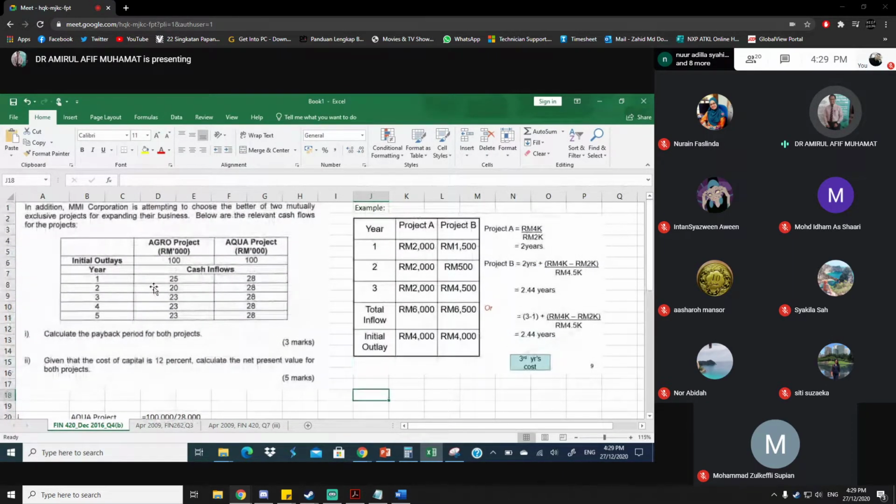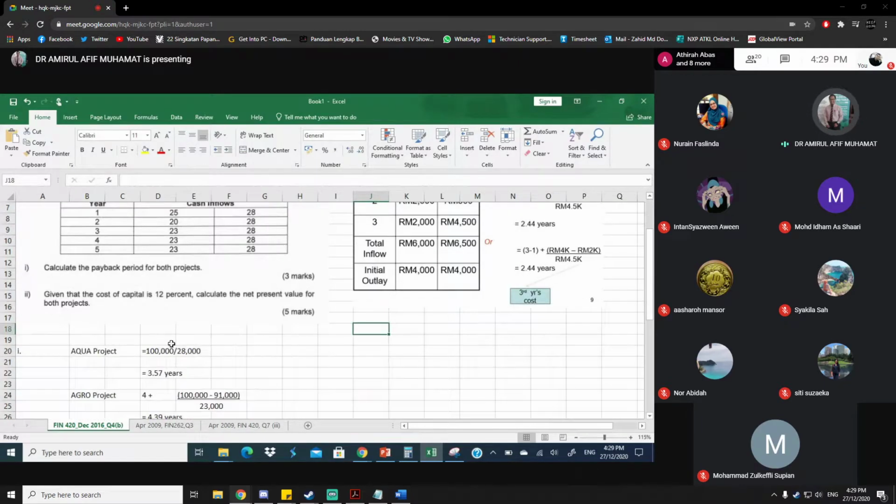Based on this project, let's do project aqua first, because it is an annuity, which is quite straightforward and easier. The cost is 100,000, so 100,000 cost divided by the income. Income is 28,000. Every year we receive 28,000, so you will get the answer 3.57 years. I've done these exercises with your friends from other classes just now, so these are the answers we discussed.